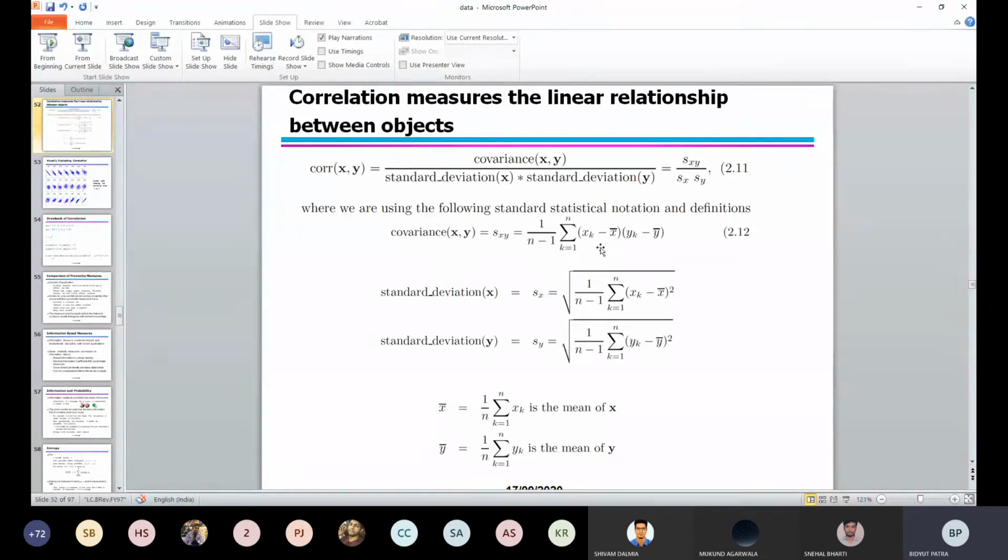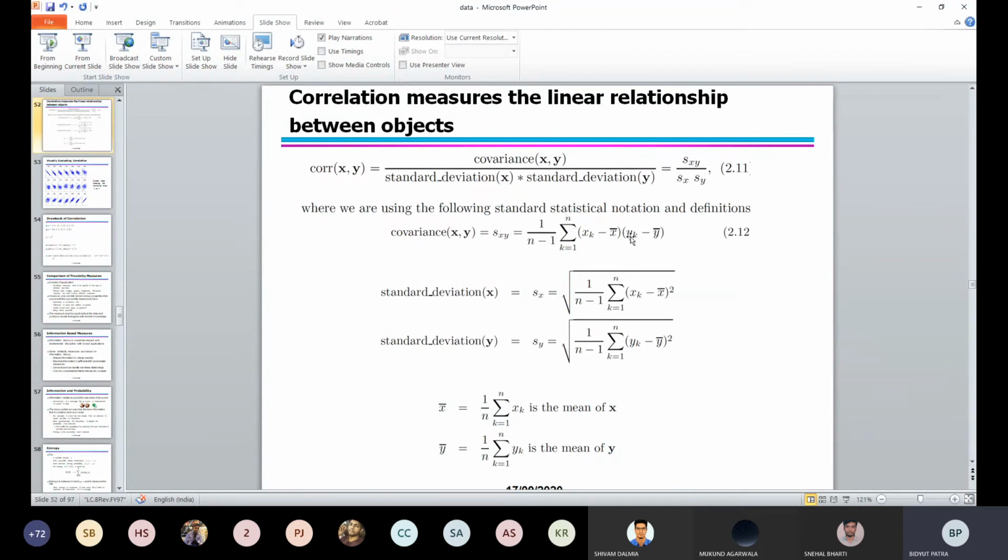Whatever the x values of all the points, let's say you have 10 points, you take the average of the x coordinates, so that will give you x bar. Similarly, you take the average of the y coordinates, so you get y bar. Then for each point, starting from k equal to 1 up to the sample size, you take the product and then take the average. So that will give you the covariance.